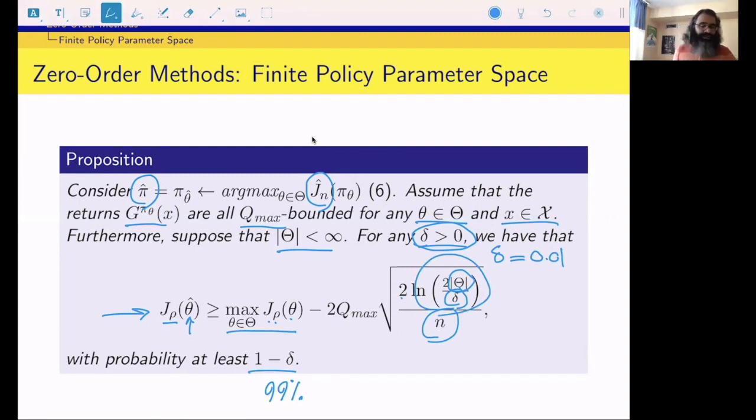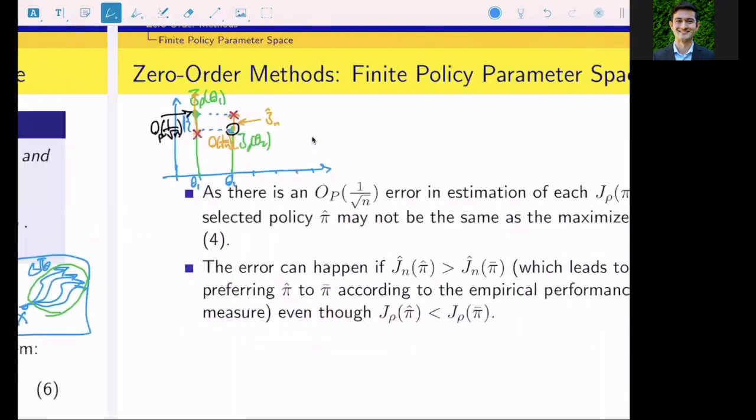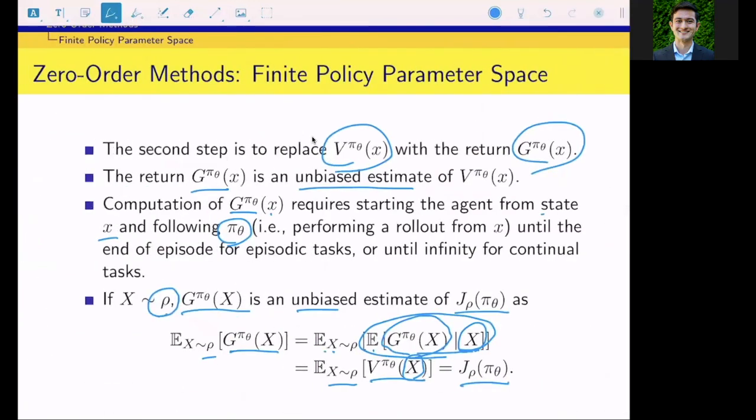Okay, is everything clear so far? I had a question about the 1 over n, I think it's on the previous slide. Or sorry, 1 over the square root of n.